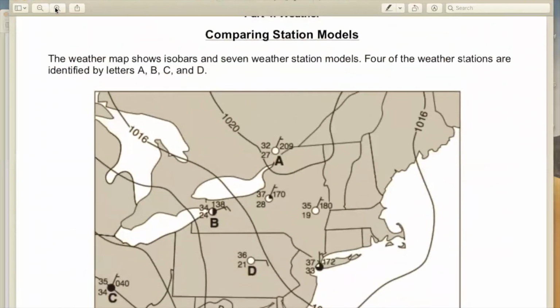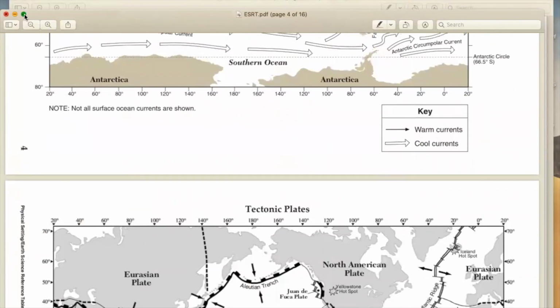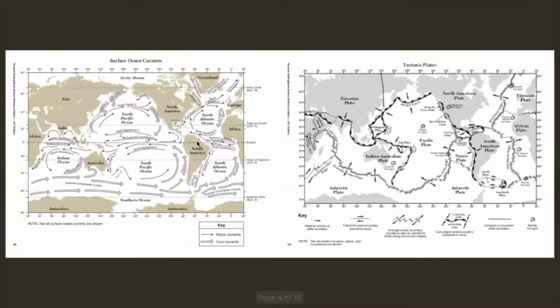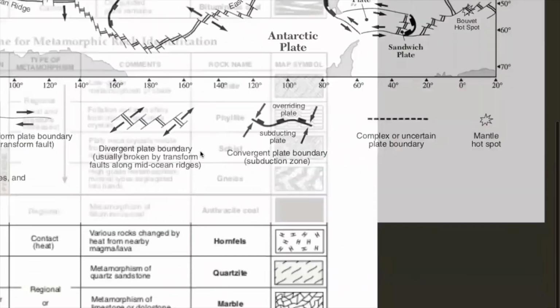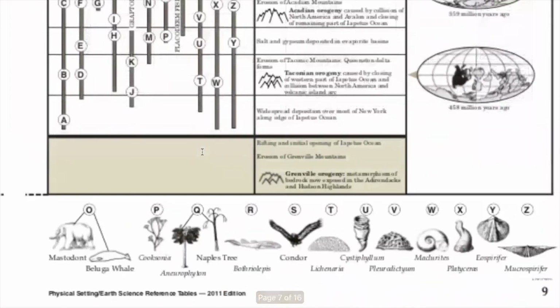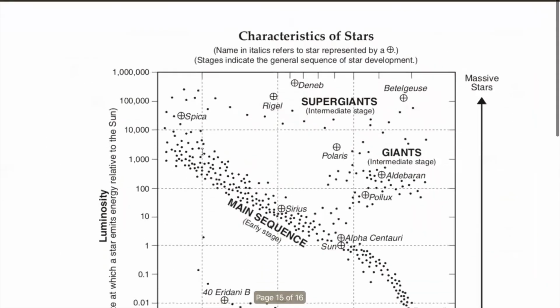Let's go for dew point and relative humidity. Okay, oops, that's not what I wanted to do. No, stop. All right. Okay, dew point, relative humidity. No, I passed it.